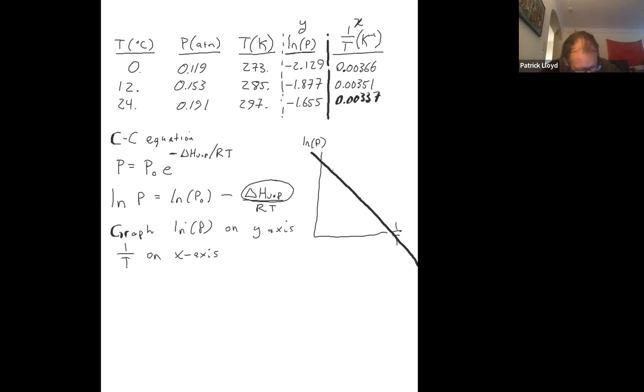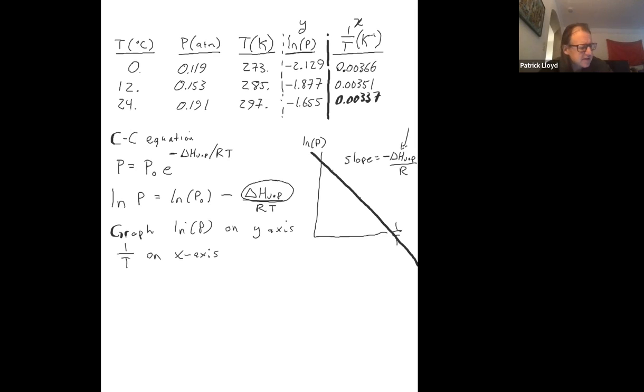And the slope of that line is equal to minus delta H vaporization over R. The slope is equal to that value. Now remember, R is a constant, 8.314 joules per kelvin mole. So if we know the value of R and we measure the slope, we estimate the slope from the graph, we can calculate delta H of vaporization.